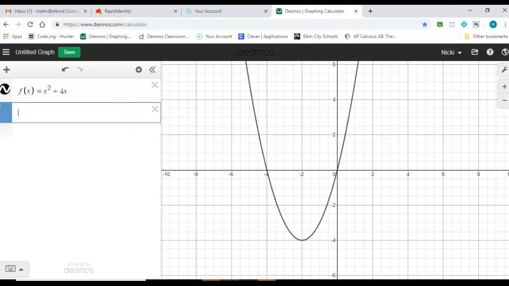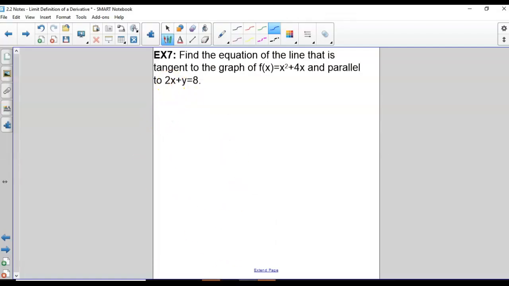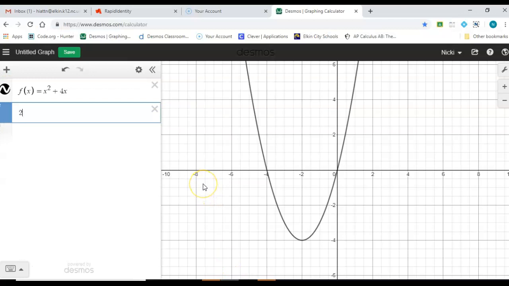And 2x plus y equals 8. Alright, so we have to find a tangent line to this graph that would be parallel to that line.